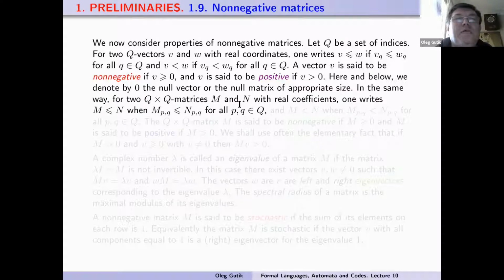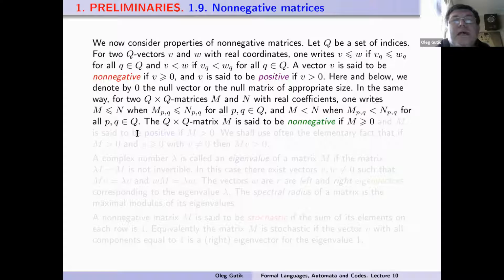In the same way, for two Q times Q matrices M and N with real coefficients, we write M is less or equal to N when M_pq is less or equal to N_pq for all p, q from Q, and M is less than N when M_pq is less than N_pq for all p, q from Q. The Q times Q matrix M is said to be non-negative if M is equal or greater than 0, and said to be positive if M is greater than 0.